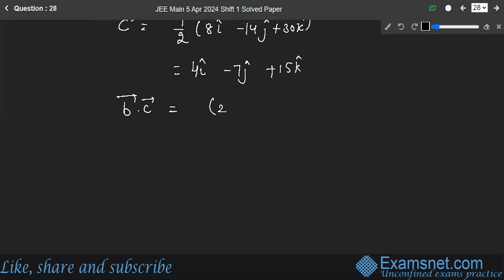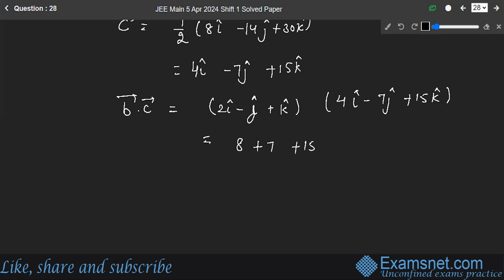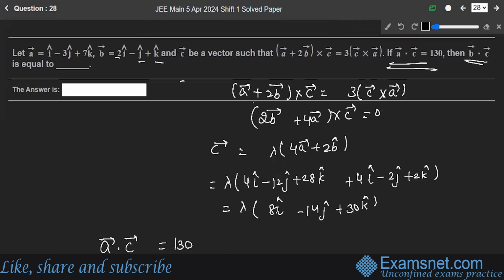And C is this vector. So this gives me 8 plus 7 and 15, which is equal to 30. So this is the answer to the question, 30. Hope you're clear with this. Let's move to the next question.